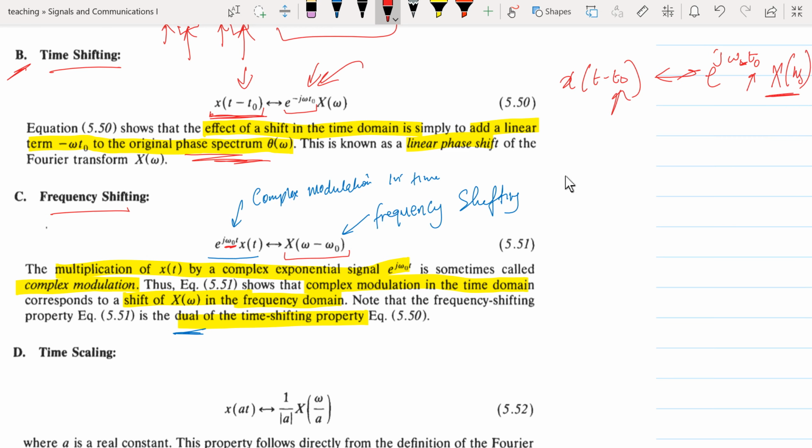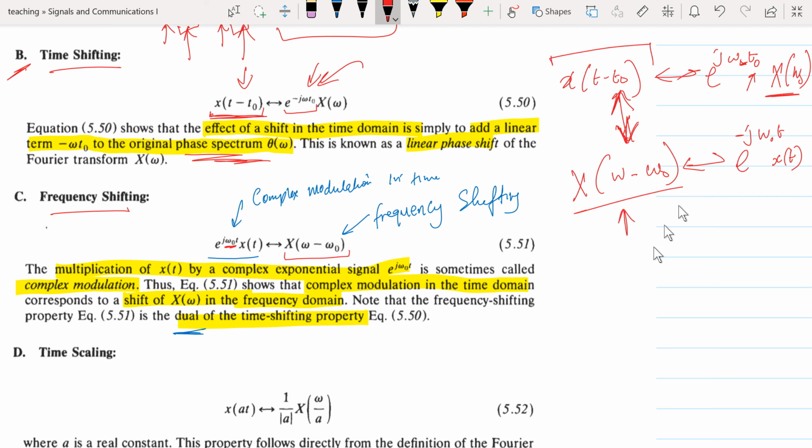On the other hand, if you state that the Fourier transform is shifted by omega naught, this is going to bring e to the j omega naught t to your x of t. Those can be stated as such, and you can see that a shift in frequency is very similar to a shift in time. One is in the time domain, which is this one, and the other is in the frequency domain, which is this one. Therefore, they follow a very similar trend.